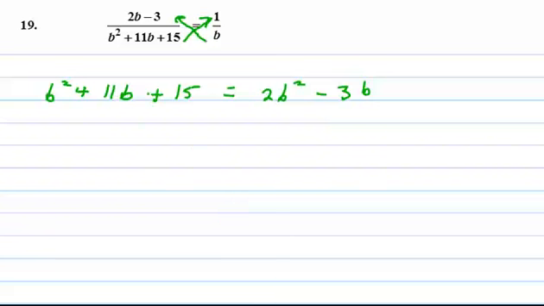There's no cleanup on either side, so now we have to evaluate what type of situation we have. Well, I see this b squared, and that's a quadratic equation. I need to get 0 on one side. Now, I'm going to send everything to the right. I could send it to the left, but I like keeping the highest power of my variable positive, so that's why I chose to go this way.